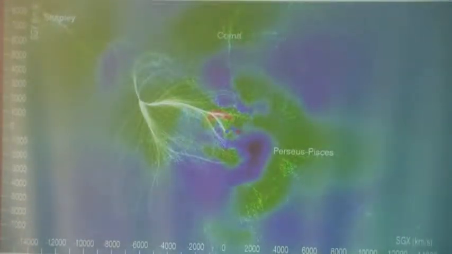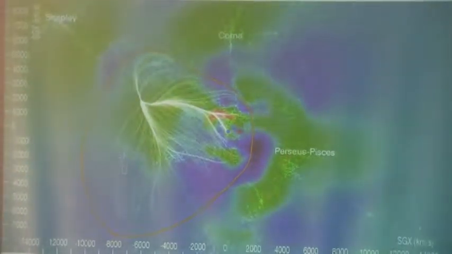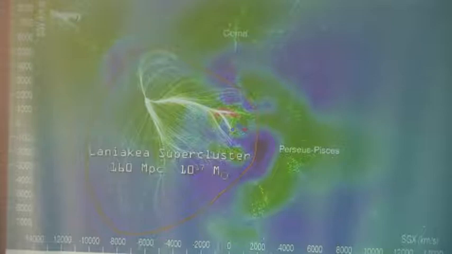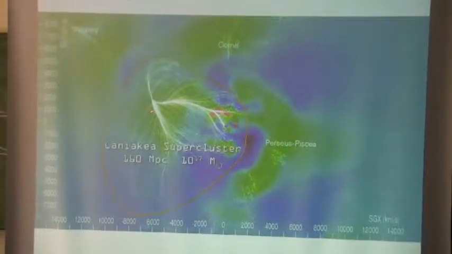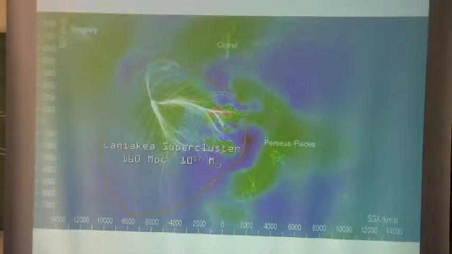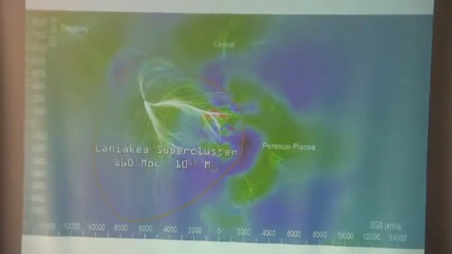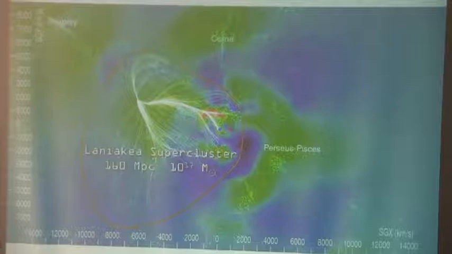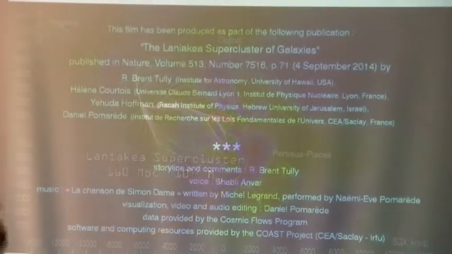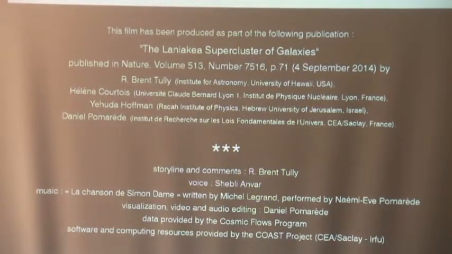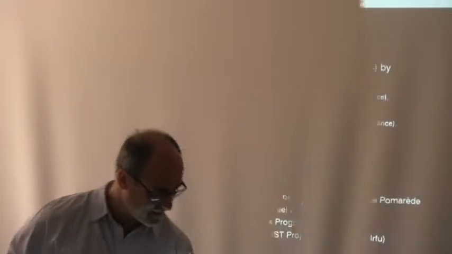Here we are falling, just like surfing a wave, around a very big void and going towards the center of Laniakea, attracted by the mass distribution. And we are very close to the ridge. And the fact that we are close to a void might explain some peculiarities.